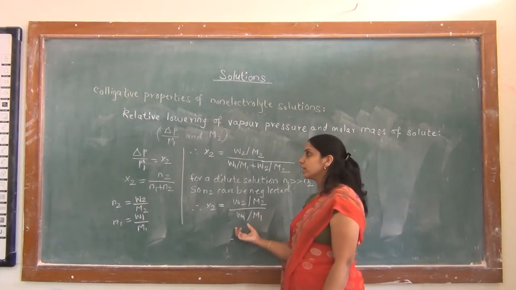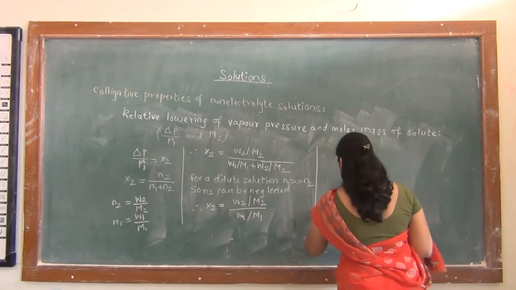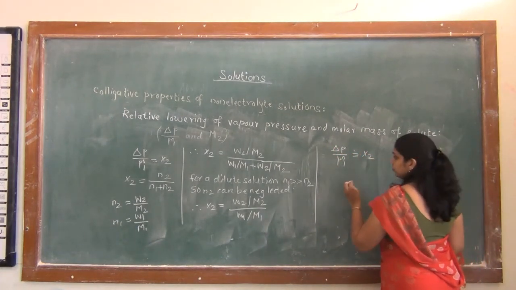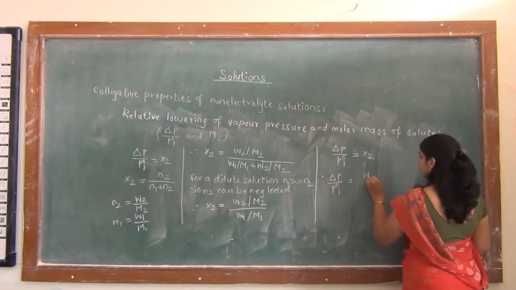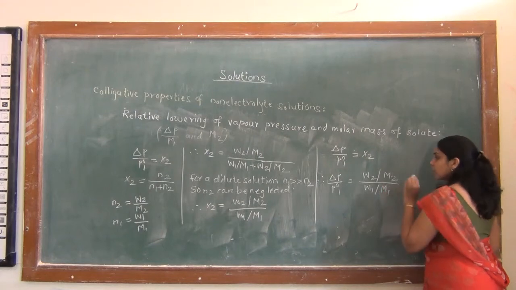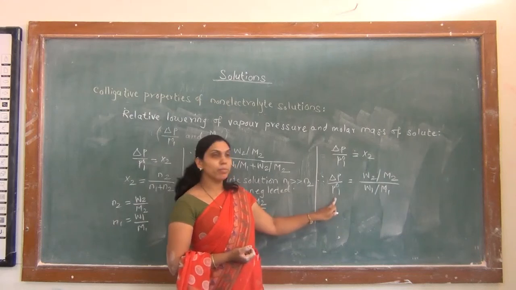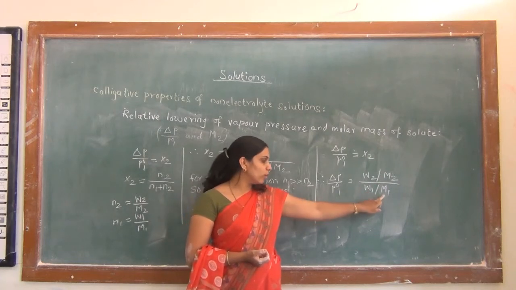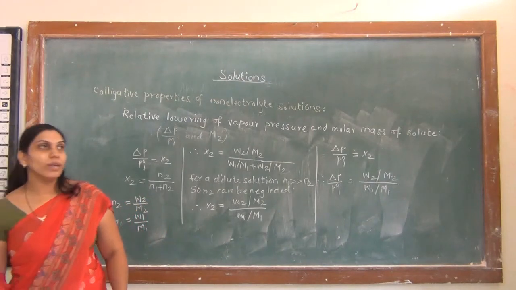Now we put this value of x2 in the equation of relative lowering of vapor pressure. So, the equation that we have obtained is delta P upon P01 is equal to W2 upon M2 whole divided by W1 upon M1.